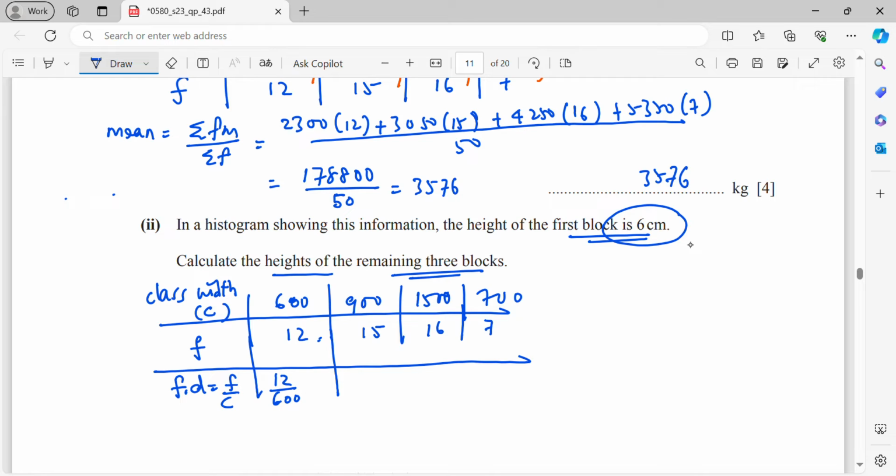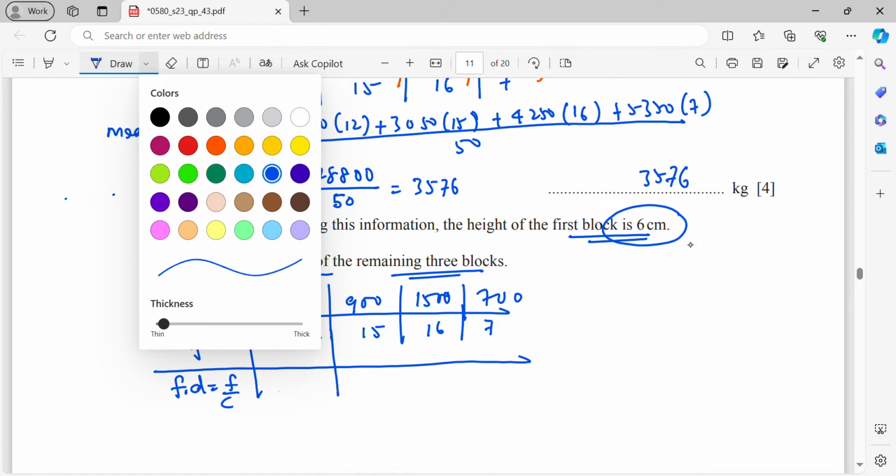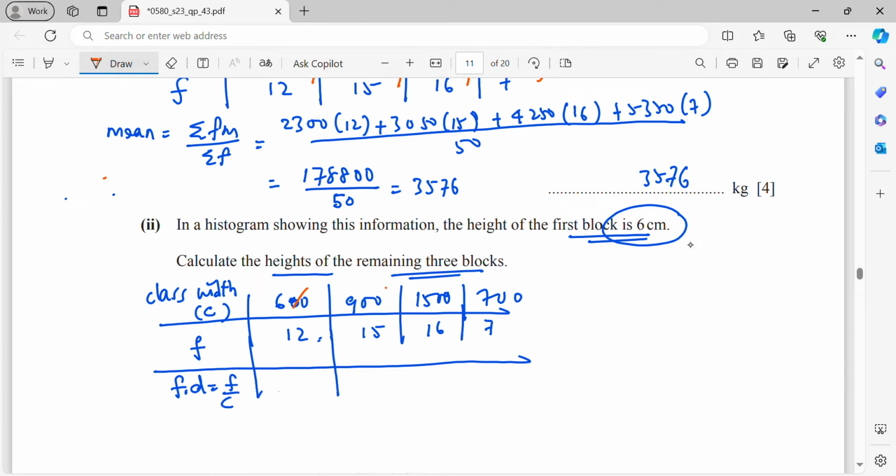Now, let's say I don't want to use the 600, I will just cancel off the hundreds first. So all this divided by 100 first. So it looks like this. See, where I ignore all these 100s, it means that class width will be in hundreds.